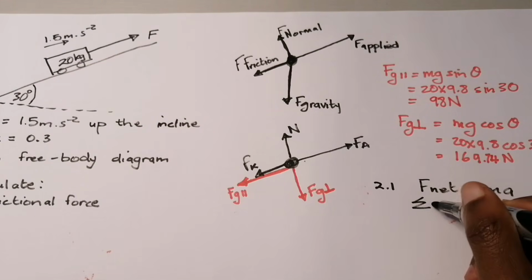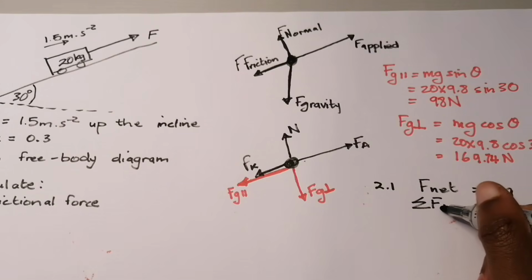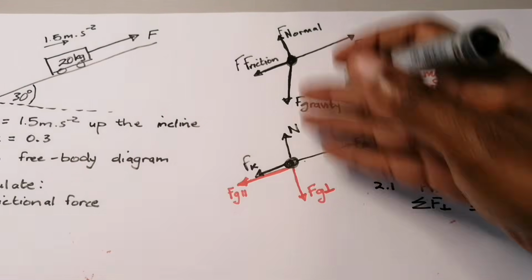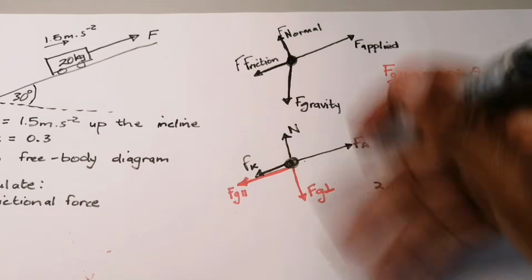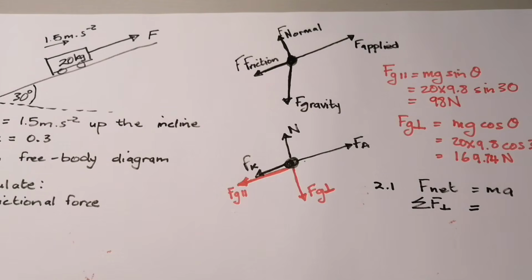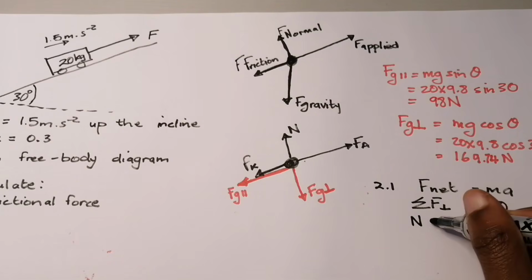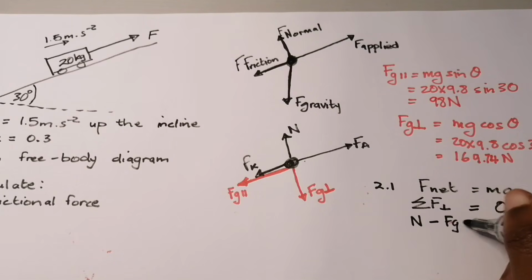So I'm going to take the sum of forces in the perpendicular direction, or in the y dimension, as some of you would prefer. Remember, this thing is at equilibrium. It's not moving in the perpendicular. So in this case, this is going to be 0. So as a result, what do I know? It means that my normal force minus FG perpendicular is equal to 0.